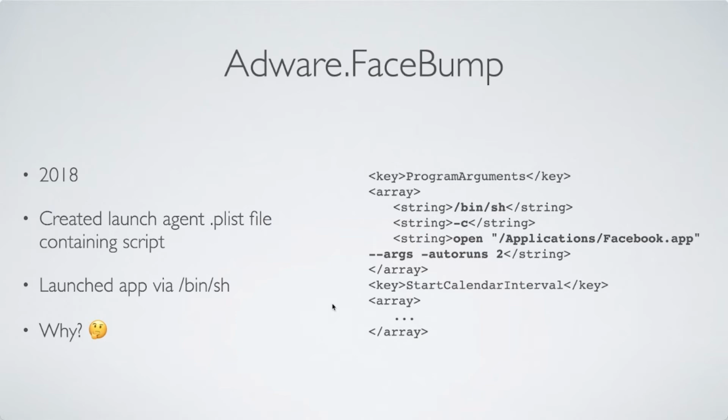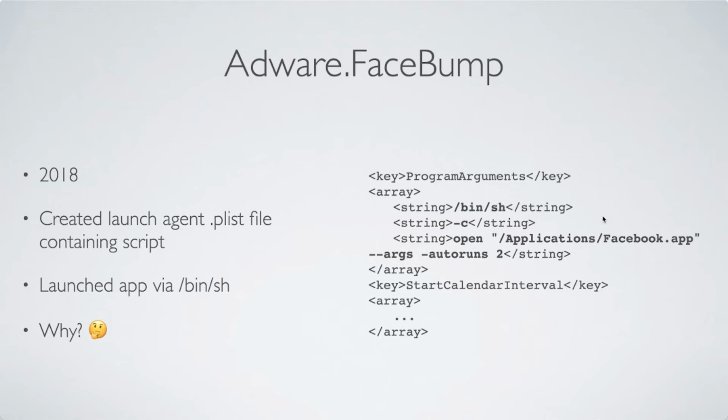Now, here's a good question. Why? Those of you who know how launch agent and daemon plists work, they could have just put the path to the Mach-O binary inside that Facebook app in that first string parameter where /bin/sh is, and that would have accomplished basically the same thing. And they could have added those two arguments as additional strings.